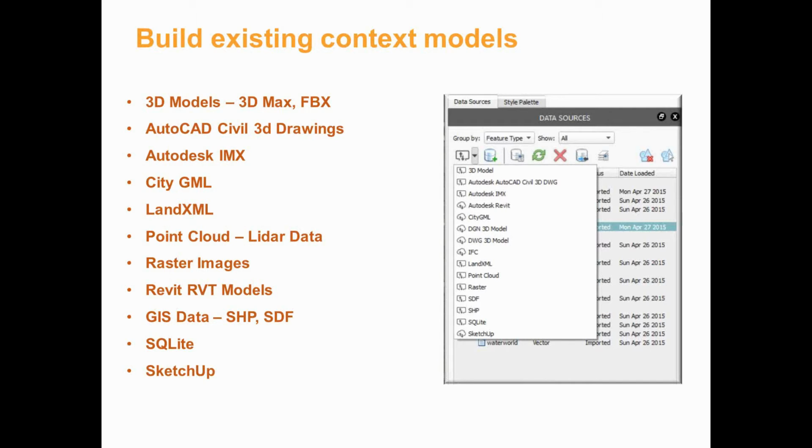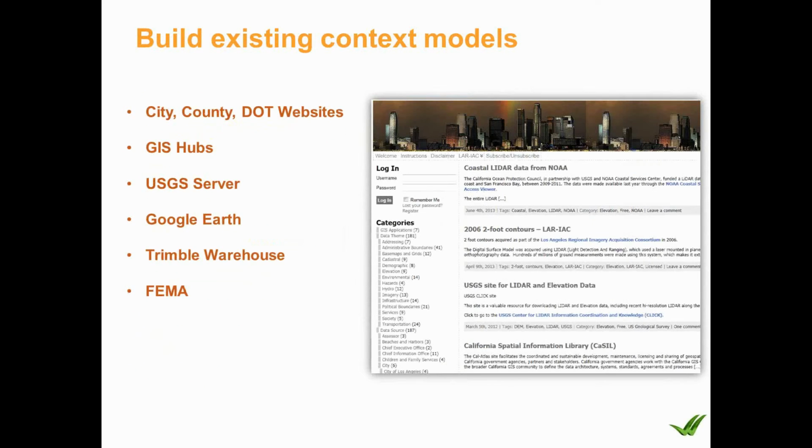You're also going to get your Civil 3D drawings, which I mentioned, and your IMX is your resident InfraWorks file extension type. You can also bring in your city GMLs and XMLs, as well as your LiDAR data, raster design images, your Revit models, any GIS data you may have, as well as SQLite, and now you can even bring in SketchUp. So that's kind of nice as well.